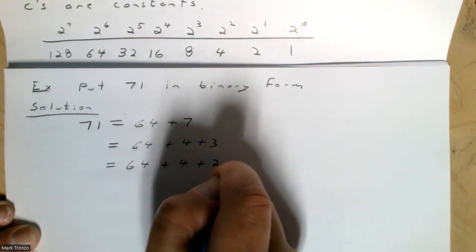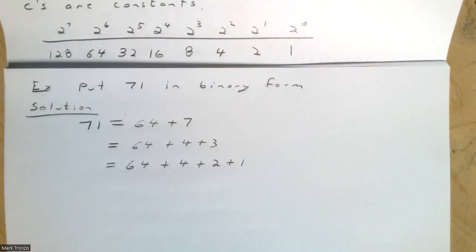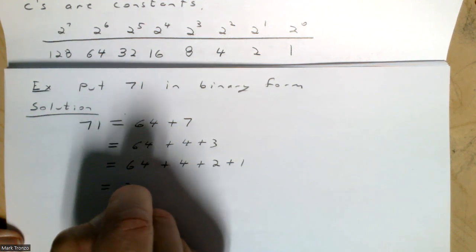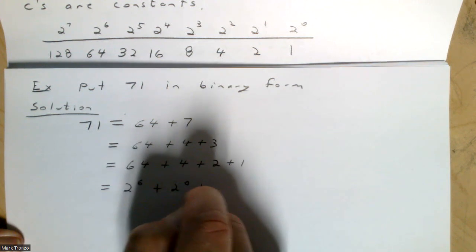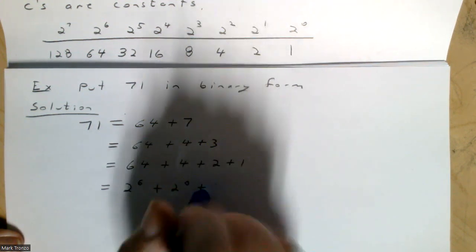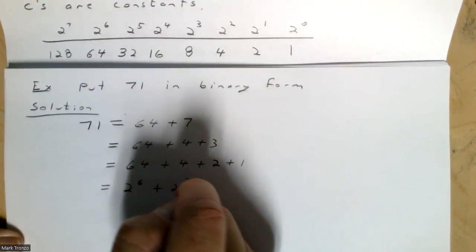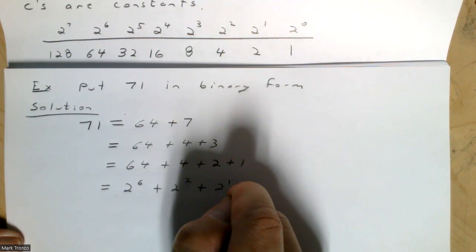That's going to be 2. And what's left over is 1. And just like before, what do we have? This is 2 to the 6th, 2 squared, to the 1st, 2 to the 0.